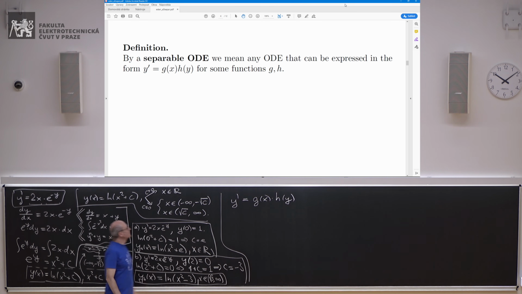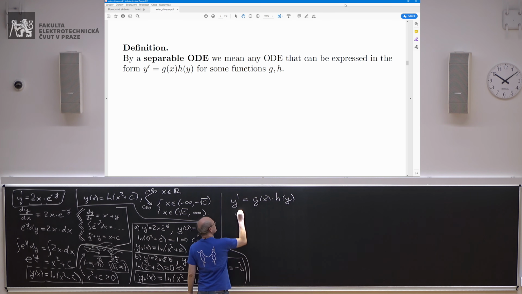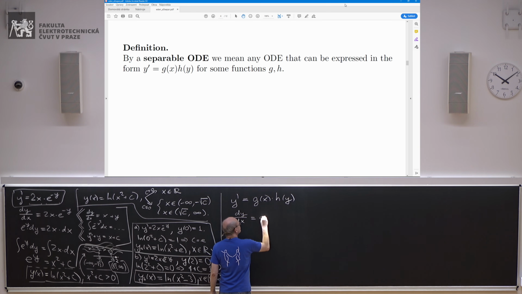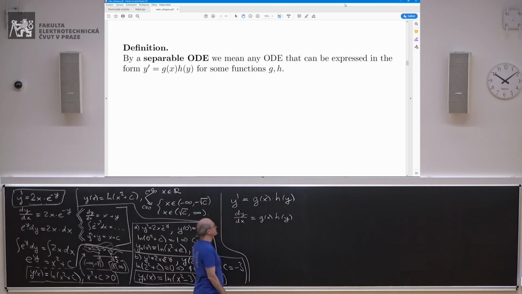So what did we do? Well, we rewrote the derivative. No problem there. dy over dx is equal to g(x) h(y). Now, there was this tricky part where we moved the dx to the right and h(y) to the left.